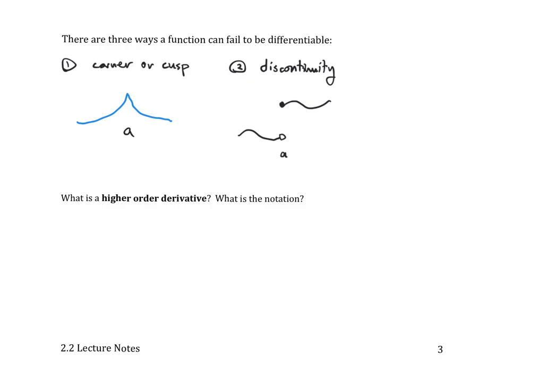Okay, and then the third one is you have a vertical tangent line. That's basically saying, you know what, the derivative is infinity, and infinity is not a real number. So, maybe it looks something like this, and then it kind of goes vertical for a little bit, and it goes like that. So then your A would be at that point where that vertical tangent line is achieved.